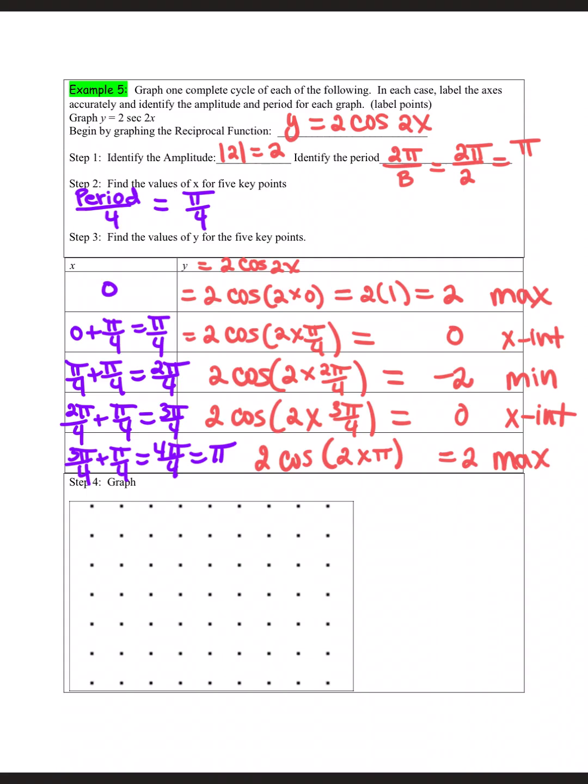So here we're going to graph this. So I'm going to use a light blue color. And this is not my answer. This is just my cosine. So here's 0, 2, pi over 4, 0, 2 pi over 4, or basically pi over 2, -2, 3 pi over 4 is 0.